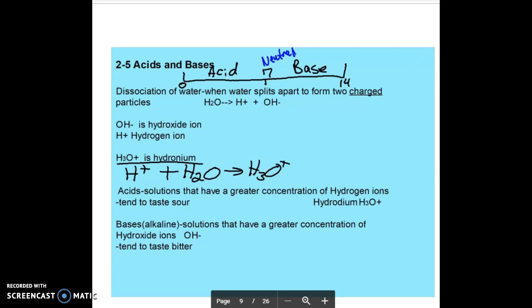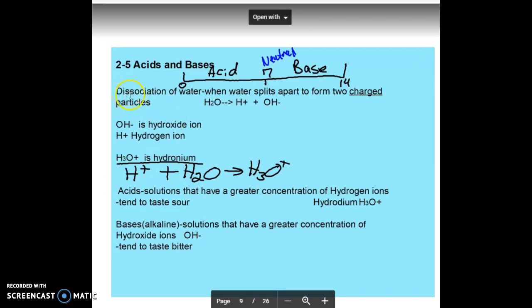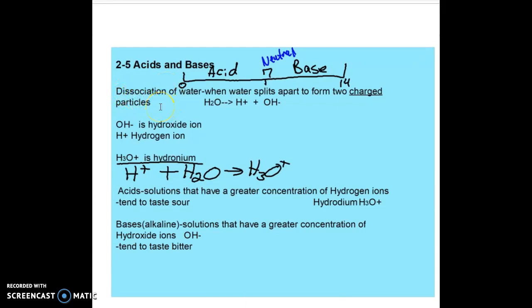So first of all, I think to understand acids and bases, we need to understand the water molecule and what can happen with the water molecule when it splits. This first part where I have the dissociation of water really just means the breaking up of water. So when water splits apart, it can form two ions.